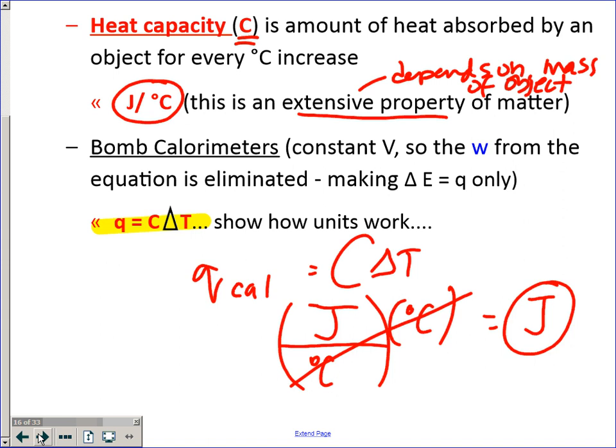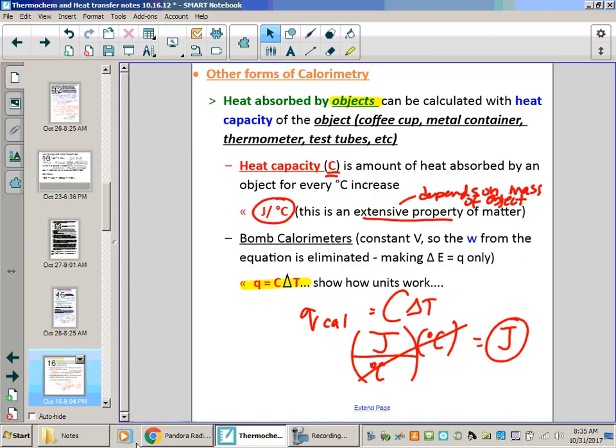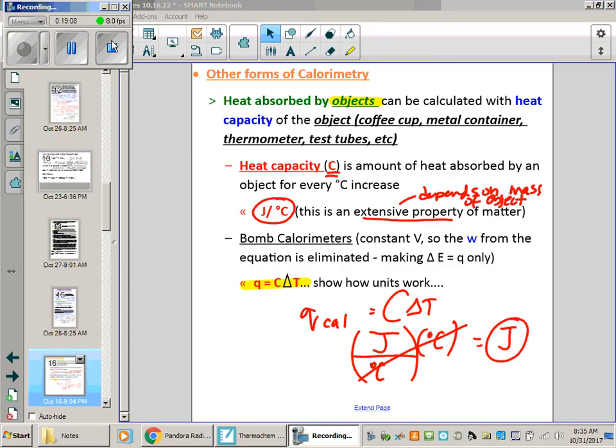You can't do all of the heat transfer side yet, but you can do a couple of them. We'll finish this up tomorrow, okay? I'll update the website. We didn't quite finish.